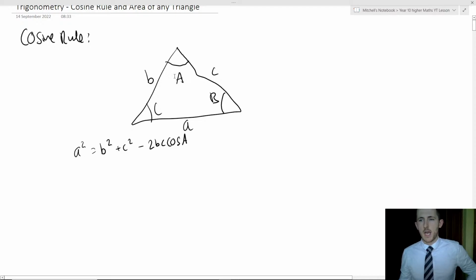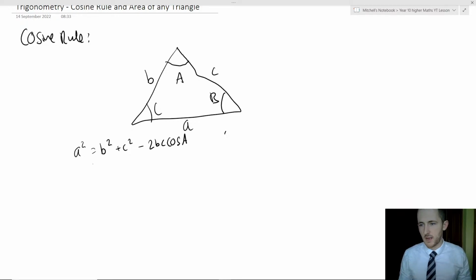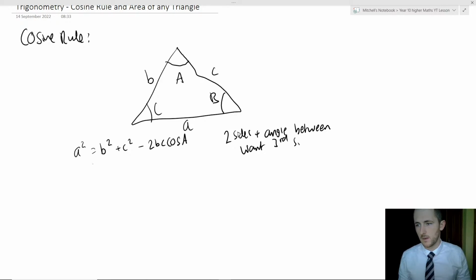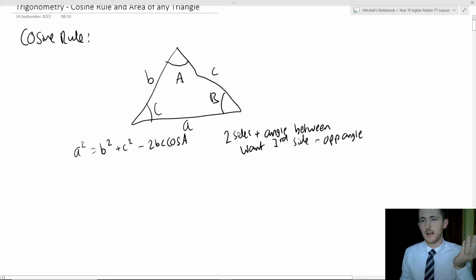So this would be useful if you have 2 sides plus the angle between, and you want the third side, which is also going to be the side opposite the angle. Because it has to be.